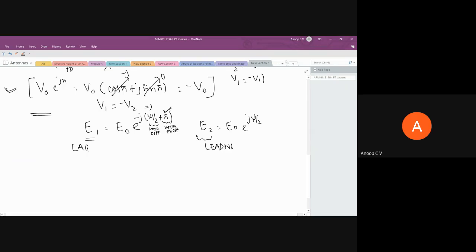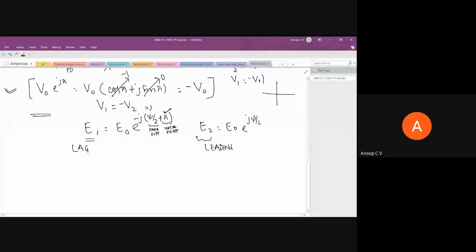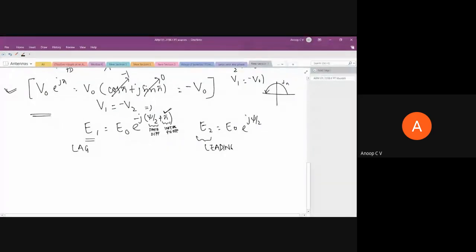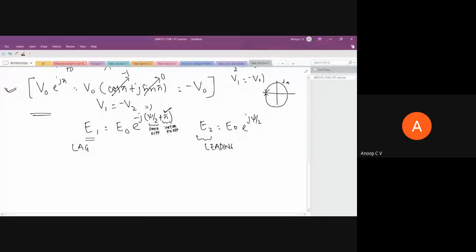Minus pi or plus pi, both are the same. For instance, if you consider the complex plane, if I take plus pi, I have to travel 180 degrees in the anti-clockwise sense and I'll reach here. If I travel minus pi, I have to travel in the clockwise sense, but again I'll reach here.